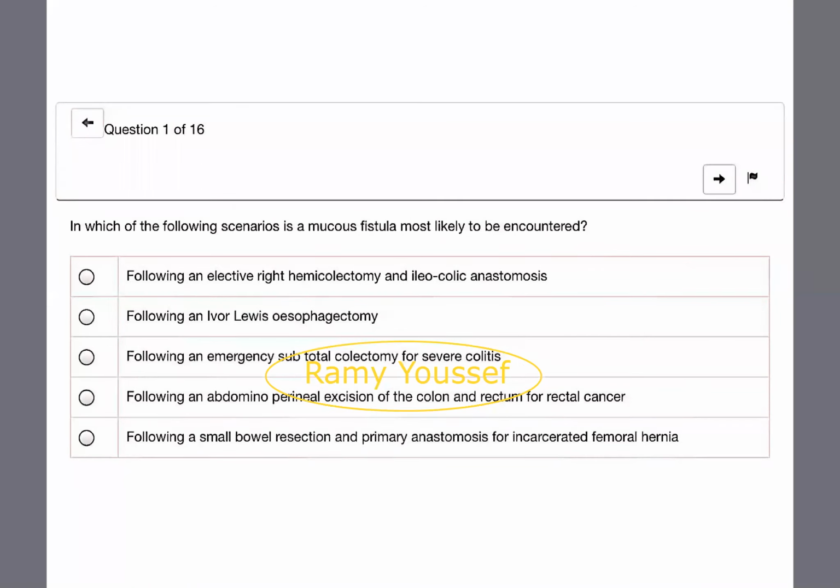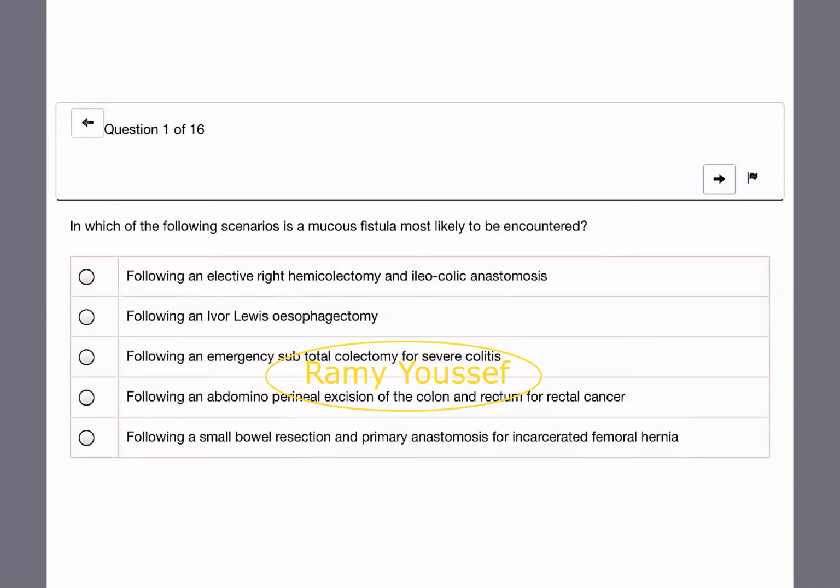Okay. In which of the following scenarios is a mucus fistula most likely to be encountered? Following elective right hemicolectomy; following Ivor Lewis; subtotal colectomy; following abdominal hernia excision; following small bowel resection and primary anastomosis.